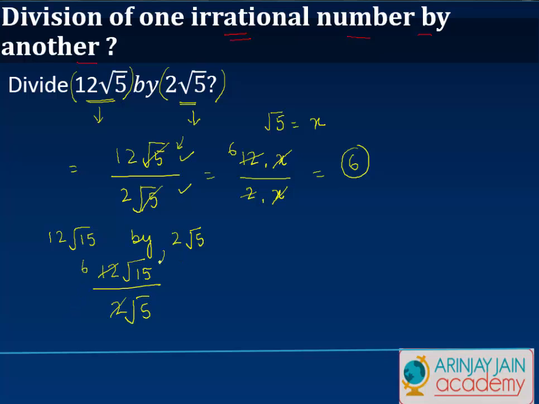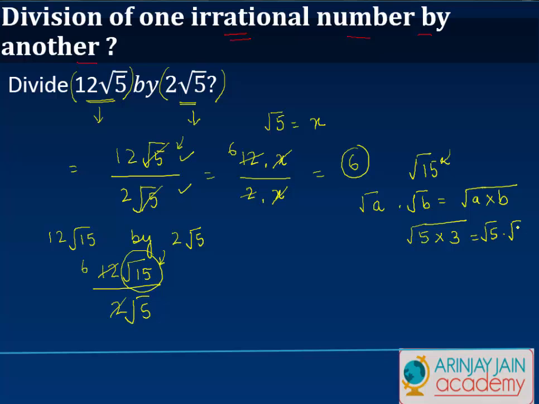But what we try to do is simplify these bigger roots. In our example, let's say root 15. Now we know that root a times root b is equal to root a times b, right? So can we write root 15 as root 5 into 3, or root 5 times root 3, right?